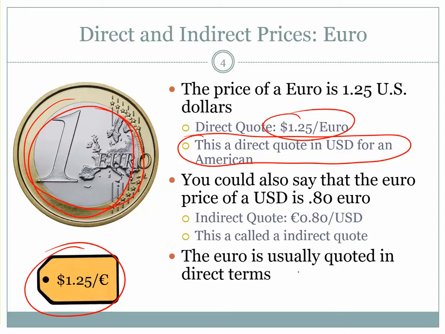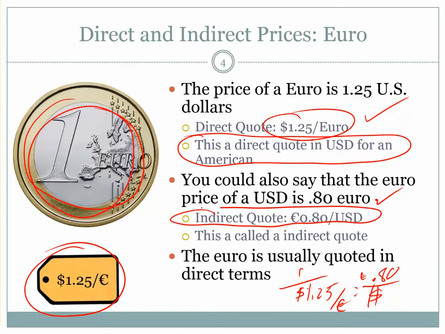Now, if I take 1 over the price per euro, I get 0.80 euro per dollar. So we can say that we can buy 1 euro for $1.25, but you can buy $1 for 0.8 euro. Now this quote here, 0.8 euro per dollar, that's an indirect quote for a euro for an American.